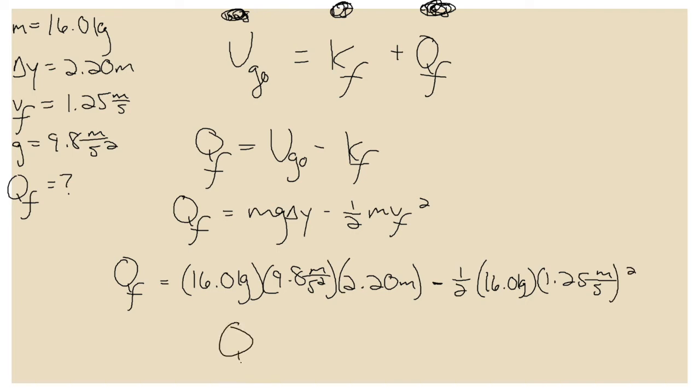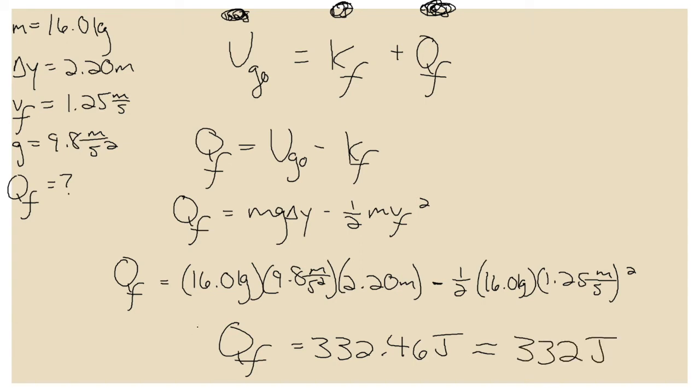And when you do that math, plugging in all those numbers, you get 16 times 9.8 times 2.2, and then you subtract your 1/2 mv squared, and that's going to give you 332.46 joules, or to three significant figures, 332 joules. And that's it.